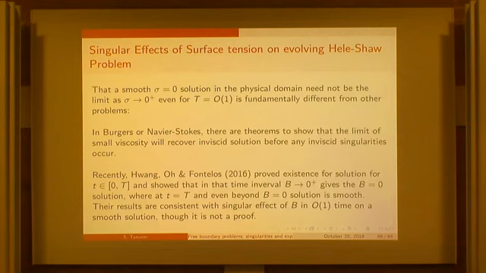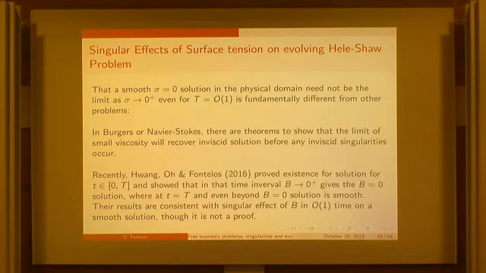So this is fundamentally different, and there is some recent theoretical work that proves existence of solution over a time period t, and the time period beyond which they can't prove existence of solution actually has nothing to do with when the zero surface tension solution becomes non-smooth.